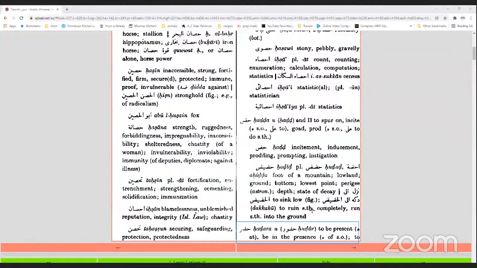I explained to you that when you make mudari, where are the changes happening? The fa kalima takes sukoon. And which kalima keeps on changing when it comes to sulasi mujarrad? The ain kalima keeps on changing.